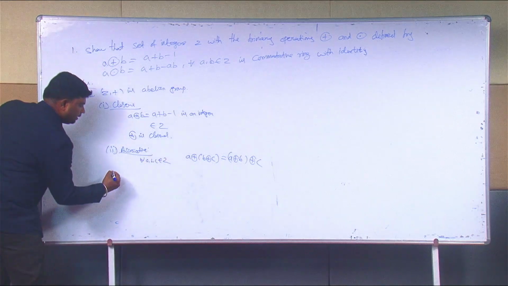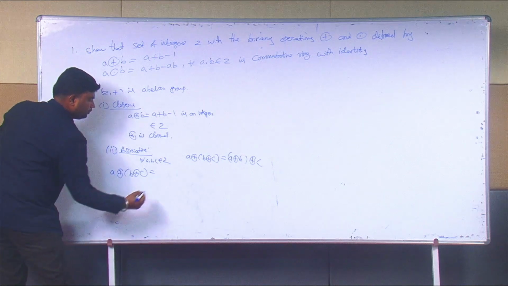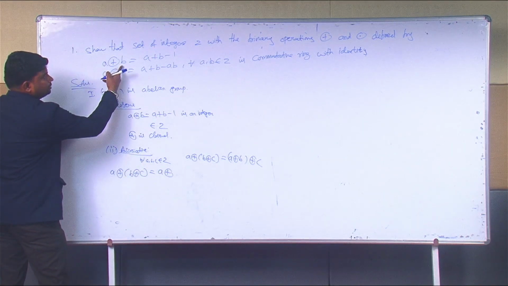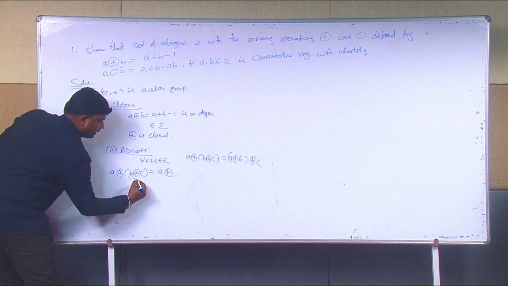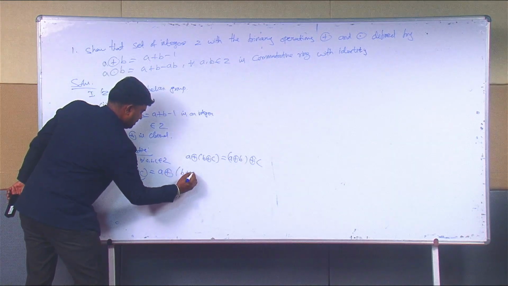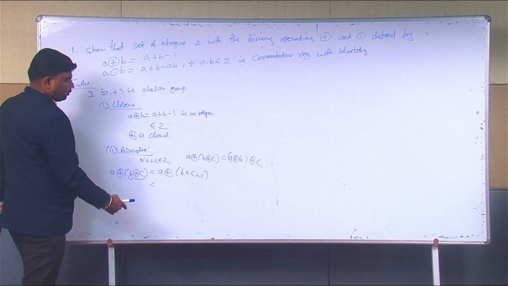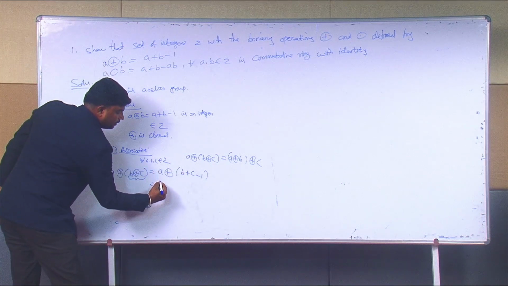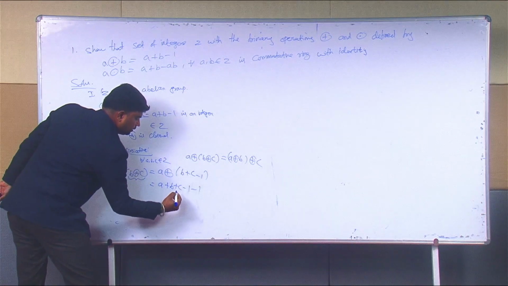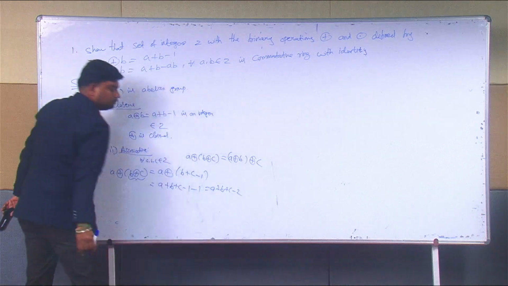Take the left side: a addition modulo (b addition modulo c). Applying the definition to the bracket, b addition modulo c means b + c − 1. Again by the definition, we take a + b + c − 1, again minus 1. So finally we get a + b + c − 2.